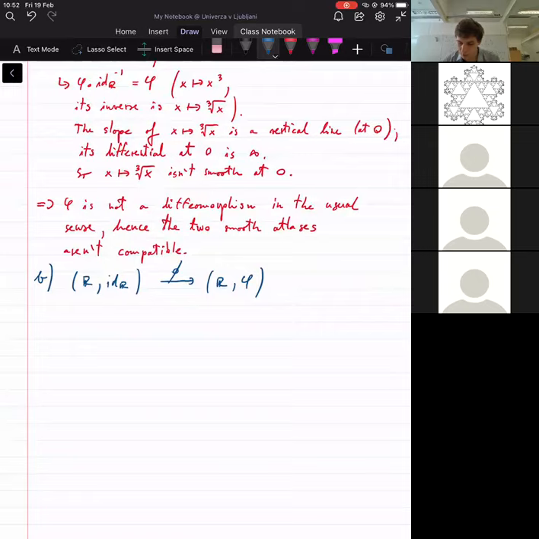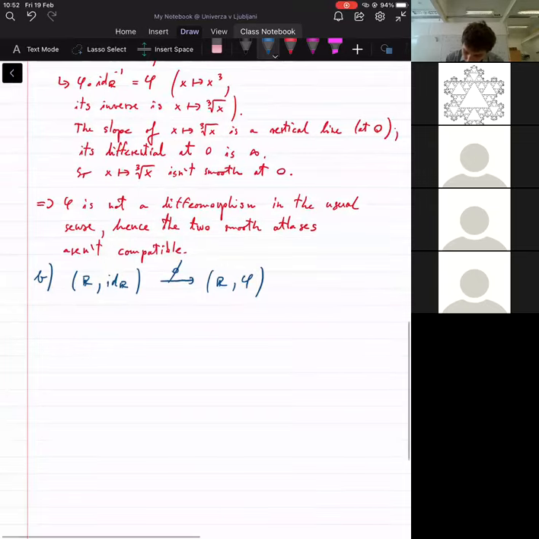Okay, so I am searching for what kind of a map.